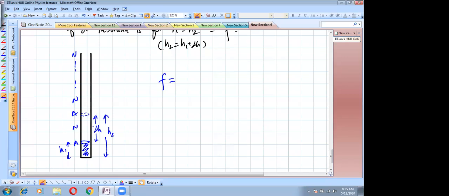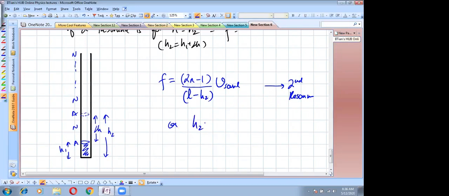You can see that because the height is reduced, so this will become (2n minus 1) upon, for the second resonance.